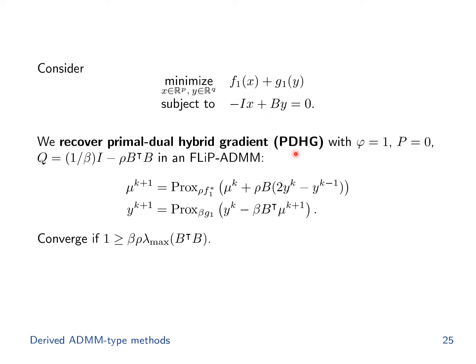To obtain PDHG, we can set phi equal to 1, P equal to 0 matrix, and Q like this in linearized ADMM on the last slide, and apply the Moreau identity to deal with the proximal of f1 star instead of the proximal of f1. This way we obtain the formulation which is known as PDHG.